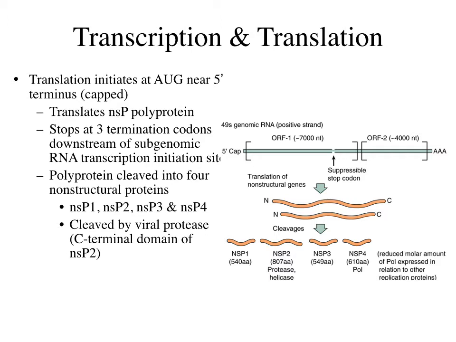Because it's a positive sense RNA, it can be directly translated into proteins. And so that's what we see happening here. The first step is translation of those non-structural proteins, and those will give rise to the protease and the polymerase and so on, so that you can then shift over to transcription.